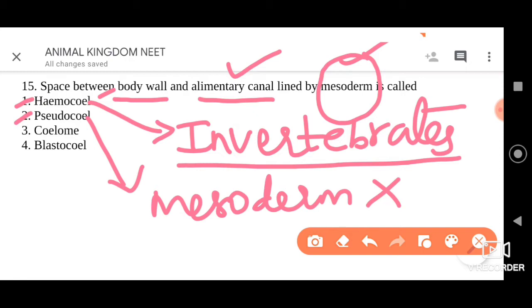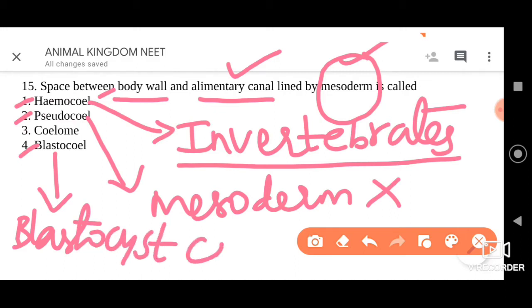Then let us go for option 4, where we have blastocoel. I have told you that blastocoel, or you can also refer to it as the blastocyst cavity, is a fluid filled cavity that is present in the blastula. Blastula is an embryo, a 32 celled to 64 celled embryo.